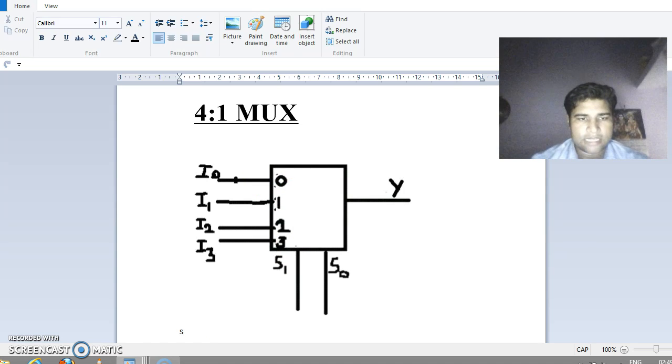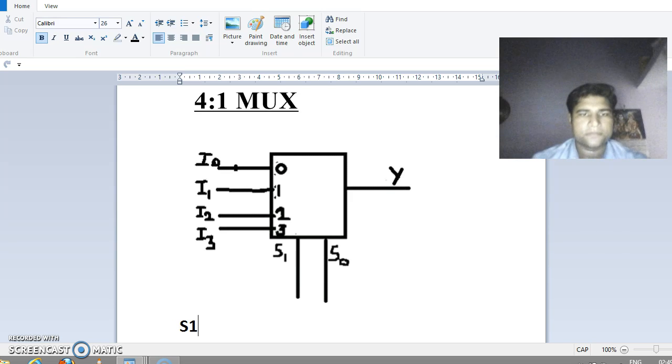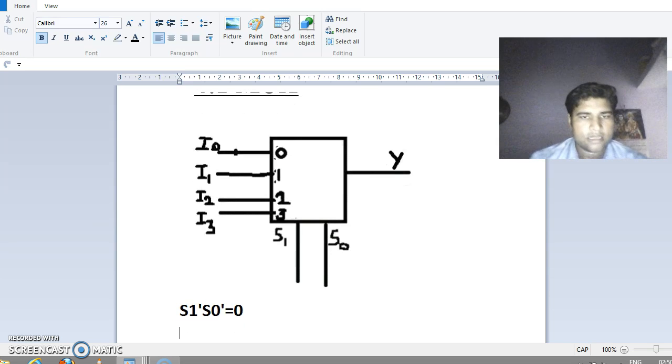See, S1 dash S0 dash equal to 0. And how can we find the other one?